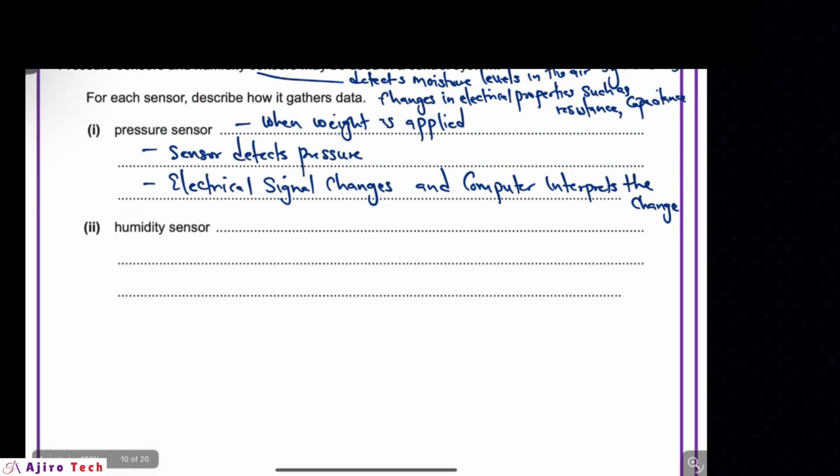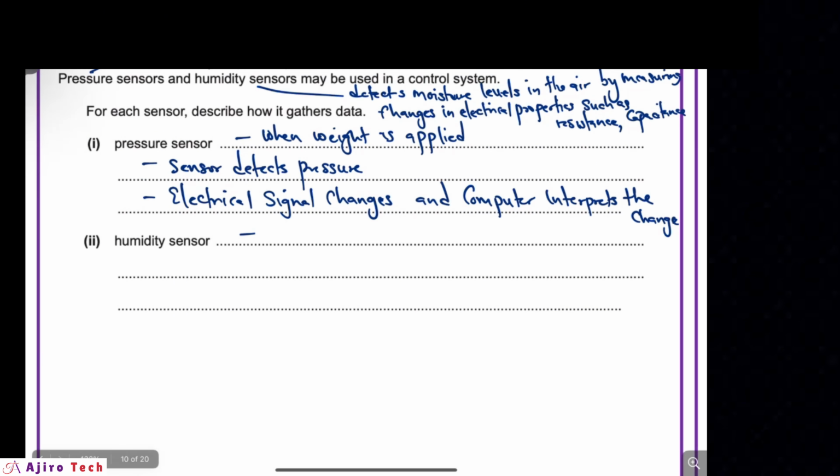For humidity, how does it gather data? Okay. We talked about resistance and capacitance.